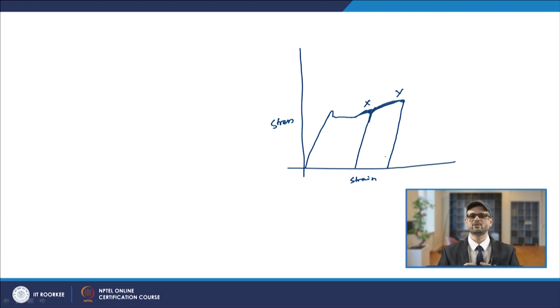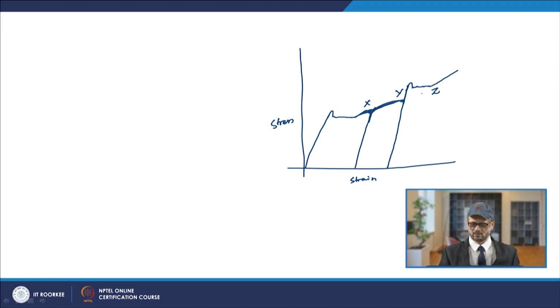If you do the aging for many days and then do the further testing, you will see an increase in the yield, and again you will have this yield point occurrence. So from Y you are now going to Z.